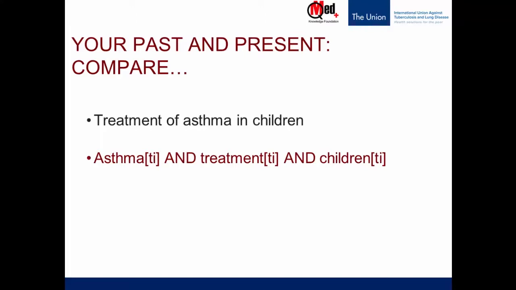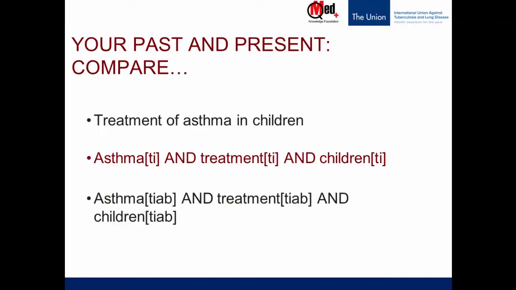Remember, this is not the ultimate search method. If we got too few, we could tag the search with TIAB. That means we are looking for the presence of these words in the title or in the abstract.